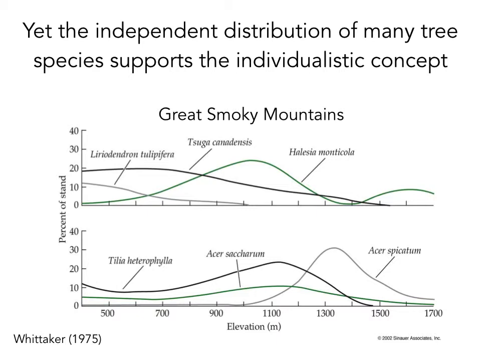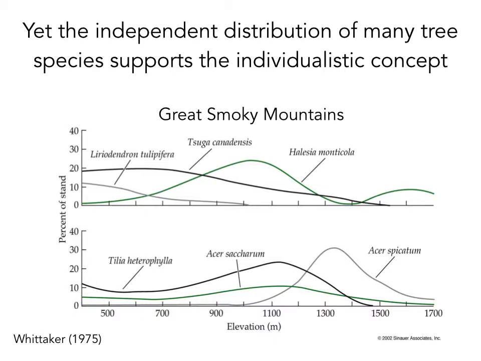That's the Canada hemlock and the tulip poplar. As we go up in elevation, though, those two tree species tend to decline in abundance and become replaced by Halesia monticola. I'm not that familiar with that species, I don't know the common name, but you can see that as you get up to around 900 meters in elevation, that tree becomes the dominant tree.